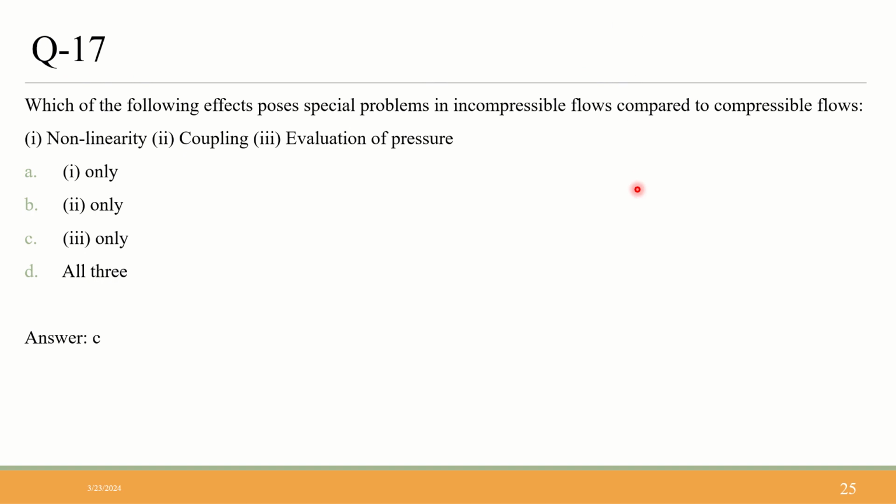The question stopped there, but in this question there is an extension: which of the following effects poses special problems in incompressible flows compared to compressible flows. So the main part here is compared to compressible flows.